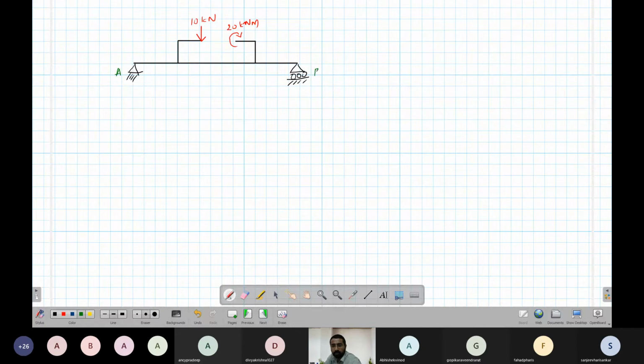This is B. This is 1 meter. This is 2 meter. This is 1 meter. This is again 0.5 meter. And this is 1 meter. Okay, and height is 0.5 meter. Find the reaction.